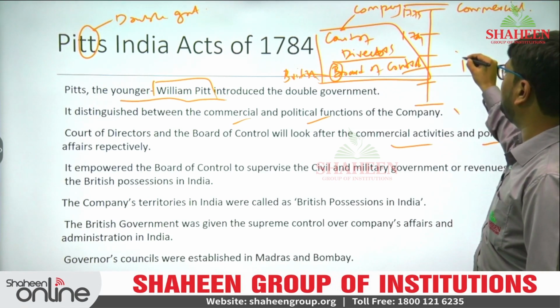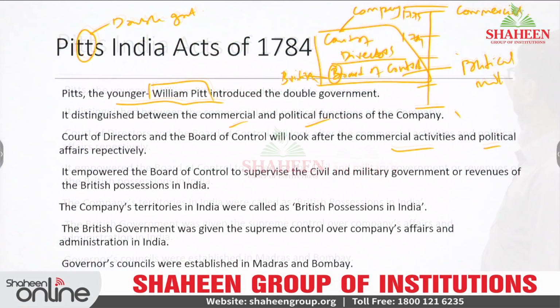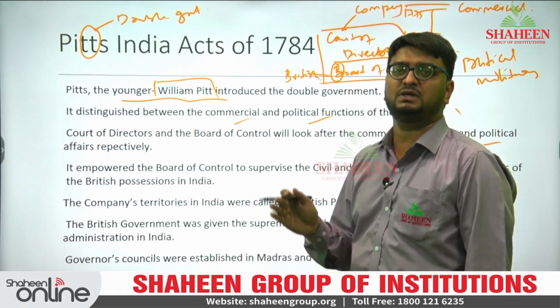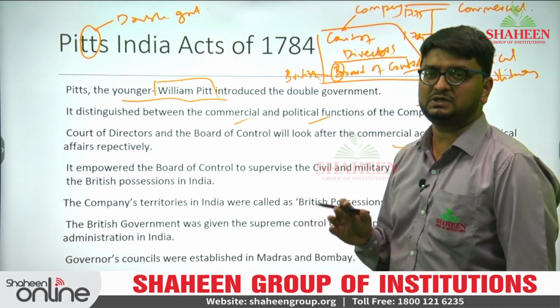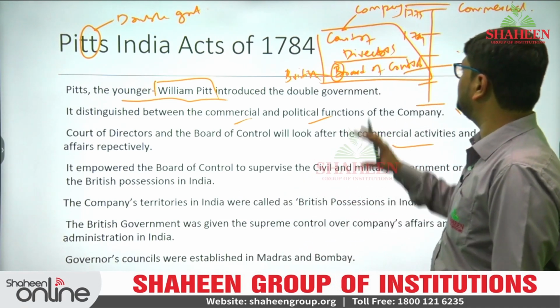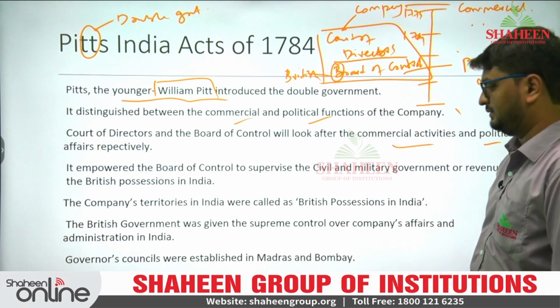They will be seeing political activities, and military matters will also be taken care of by the Board of Control, which was appointed by the British government. Now you can see that Pitt's India Act has drastically reduced the powers of the East India Company. The East India Company has been reduced to just a company doing commercial activity.